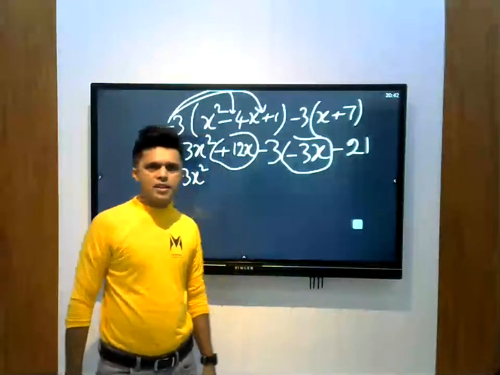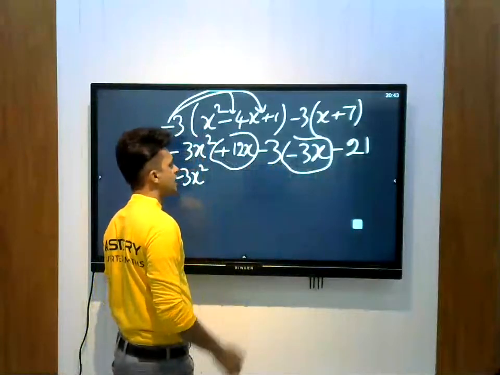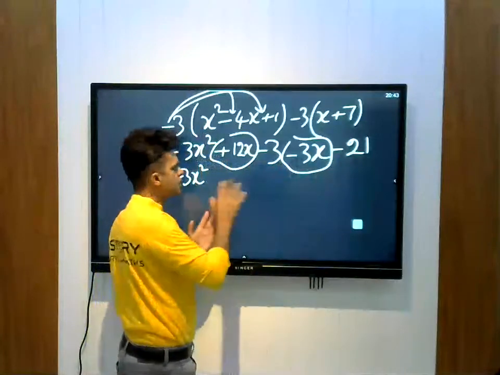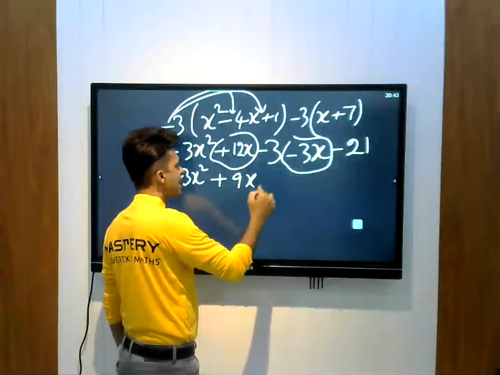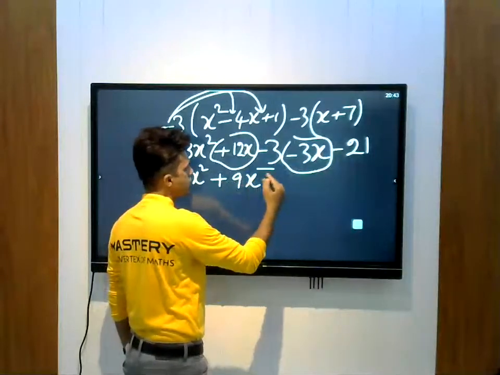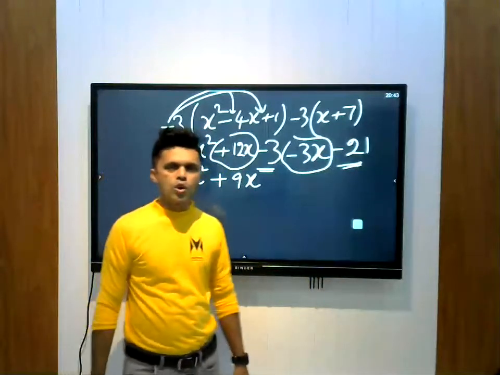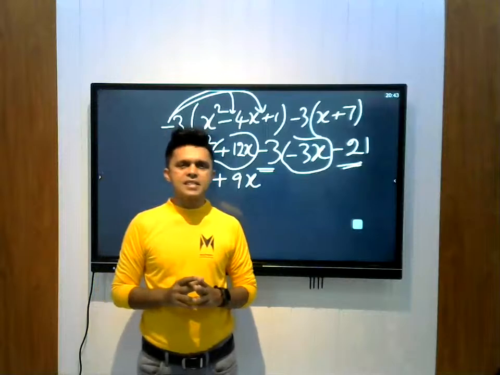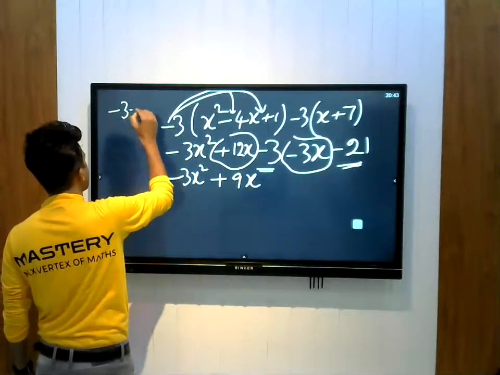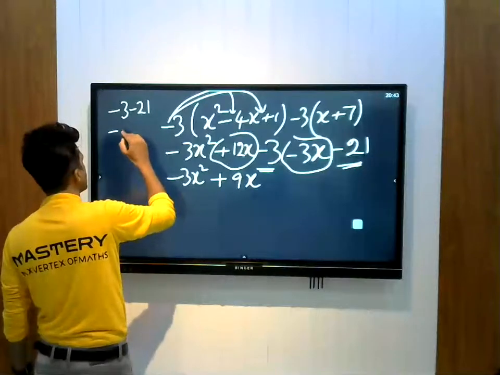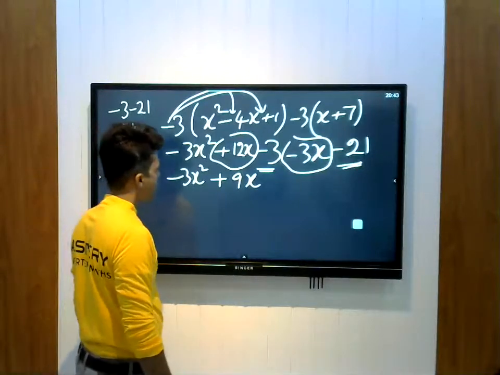You could subtract these terms, 12 minus 3 is 9, so plus 9x. You can simplify this minus 3 and this minus 21, which is minus 24. Minus 24 is the answer here.